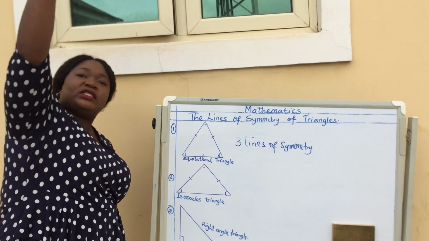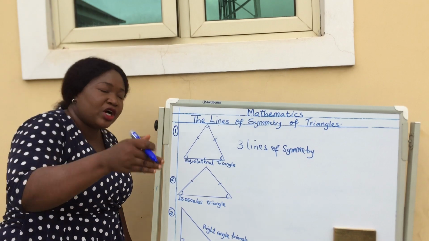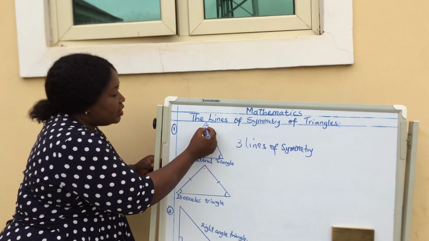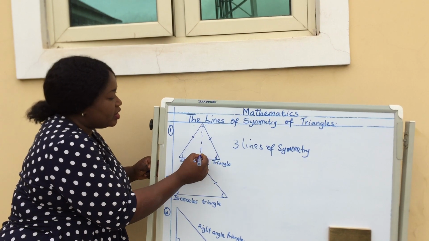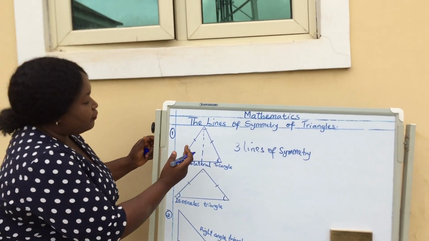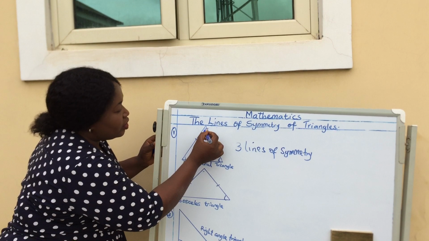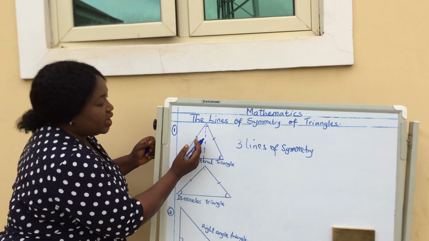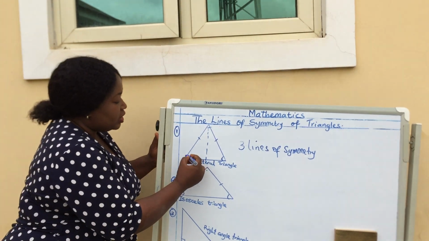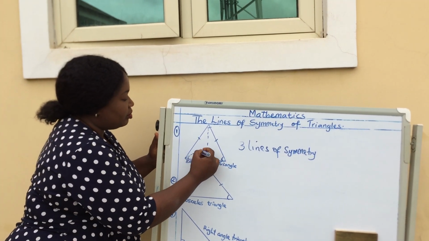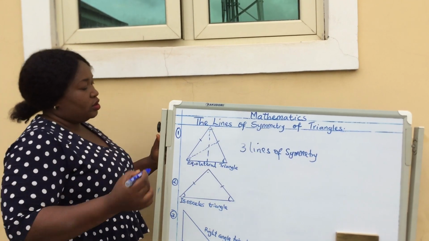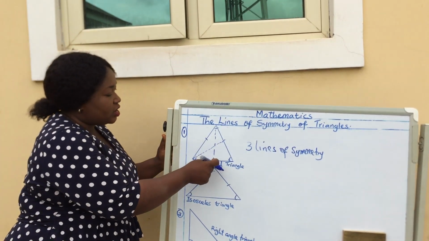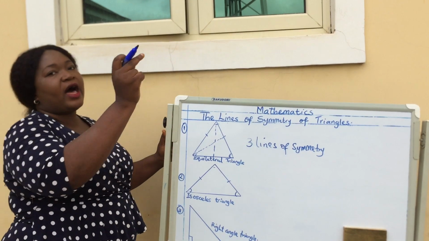Now the first one is the vertical line. Remember, the vertical line is the line that comes from the top to the down. It goes in the middle this way. This is the first line. If you divide an equilateral triangle, this side will be the same as this side. The second one is the one that comes from this way. This is vertical and this is diagonal.